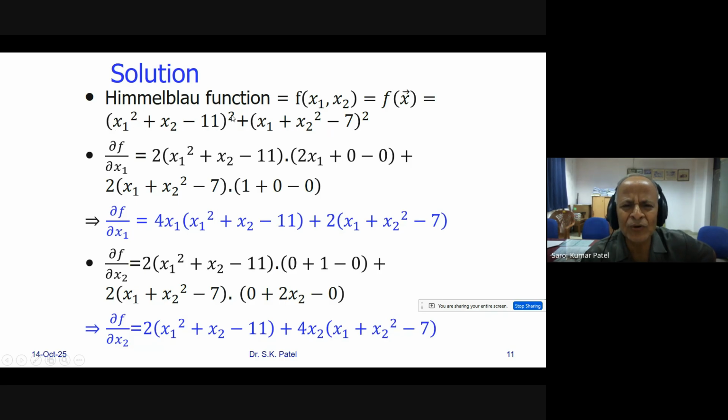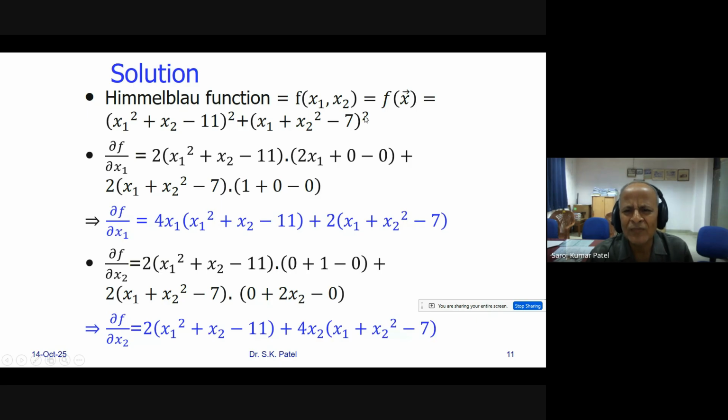For the first one, it will be twice of whatever is inside, twice of x1 square plus x2 minus 11, into the derivative of what is inside with respect to x1. For x1 square, it will be 2x1. x2 is to be assumed constant while taking the partial derivative with respect to x1, so for x2 it is 0, and 11 is a constant, so it is 0.